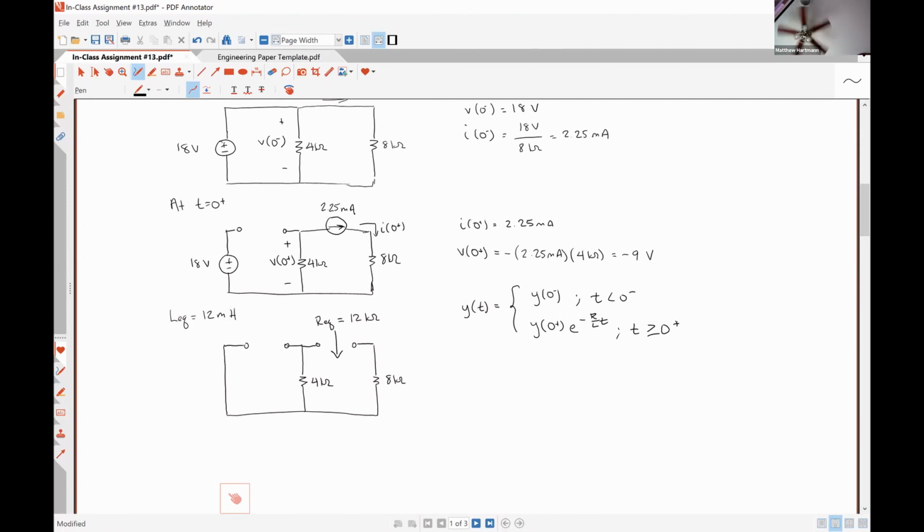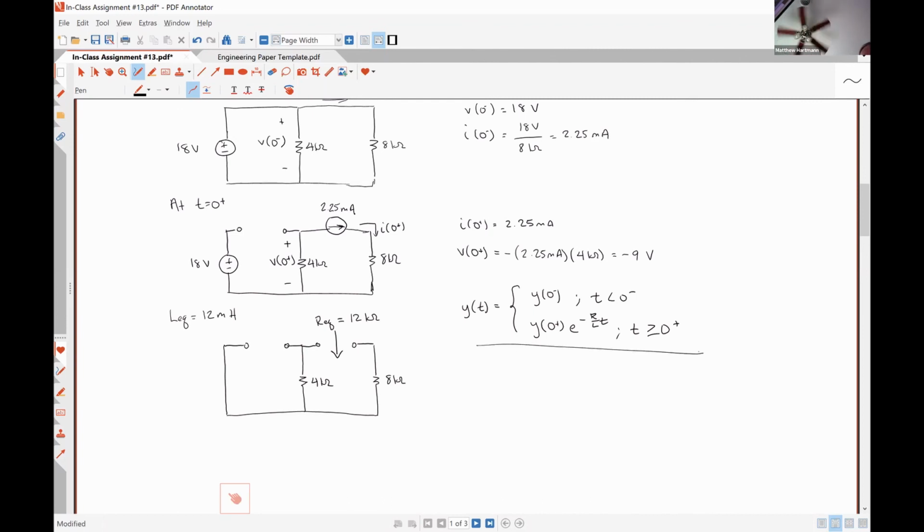Y here is just representing any voltage or current quantity. It doesn't matter if it's for a resistor, capacitor, or inductor, whether it's a voltage or current, it is going to behave in this fashion.